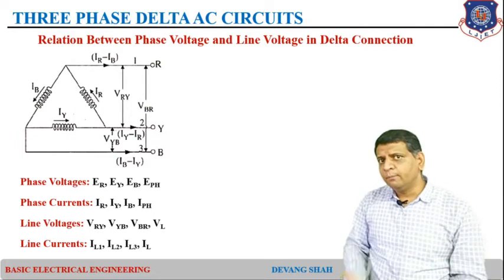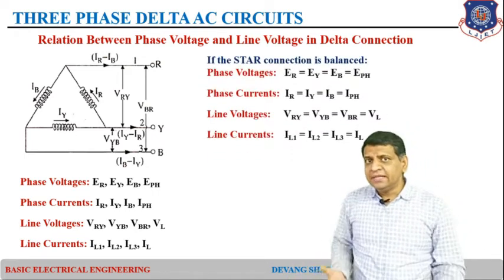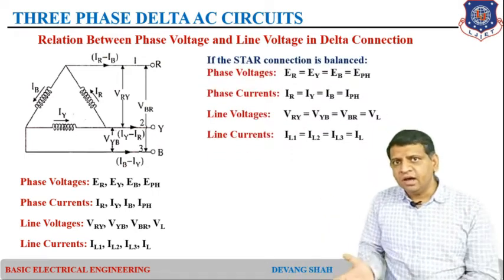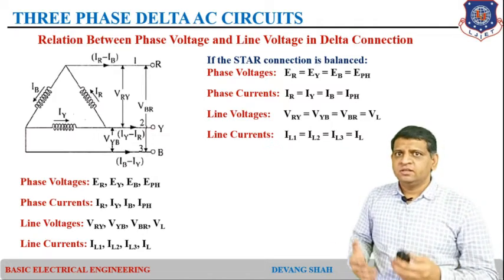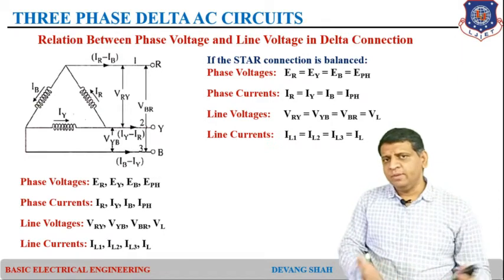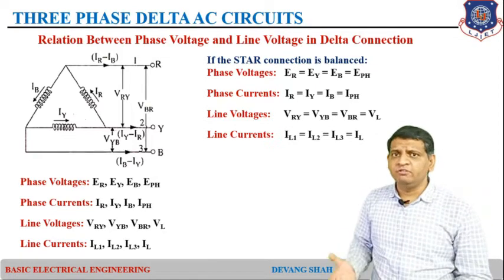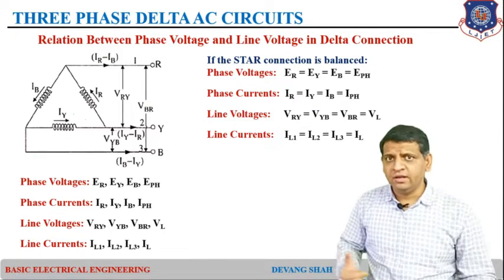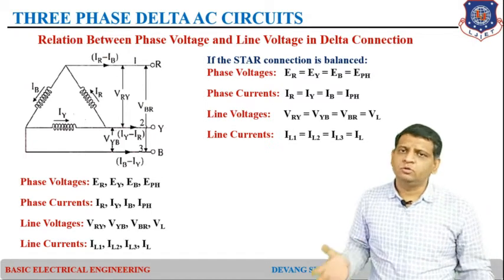So, if we consider this complete 3 phase delta system as a balanced system, then the phase voltages are ER equal to EY equal to EB equal to EPH. Same way, the phase currents are IR equal to IY equal to IB equal to IPH. Line voltages are VRY equal to VYB equal to VBR equal to VL, and line currents IL1 equal to IL2 equal to IL3 equal to IL, right.